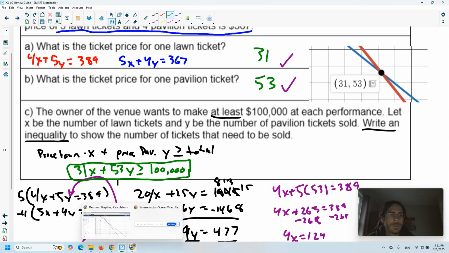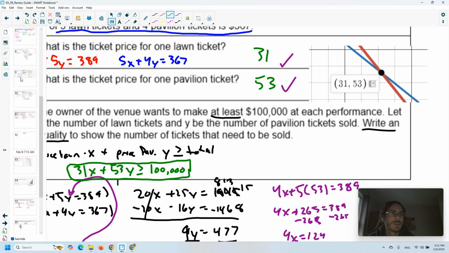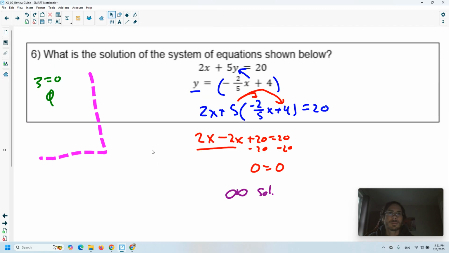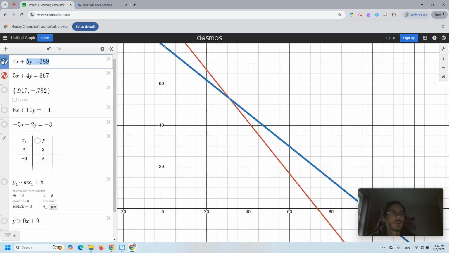All right. So I did promise I would go back to 6 and show you how 6 looks in Desmos. So if we throw that in real quick, 2x plus 5y is 20.